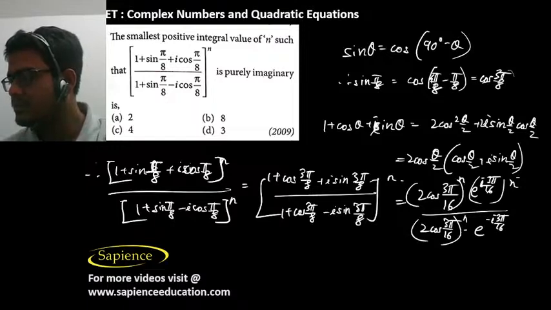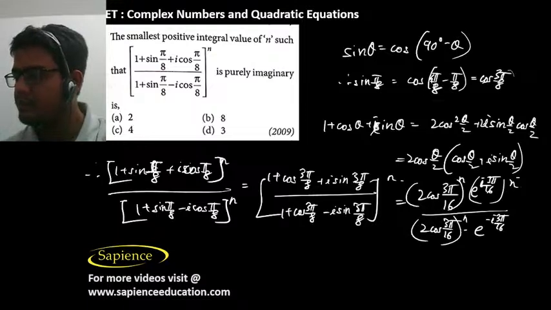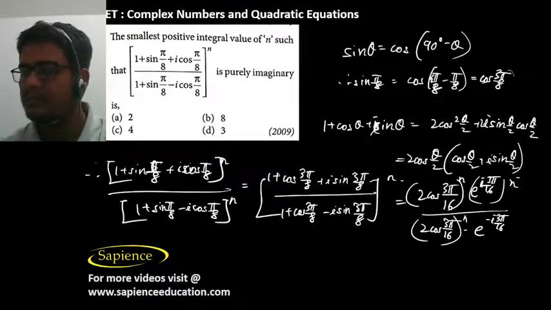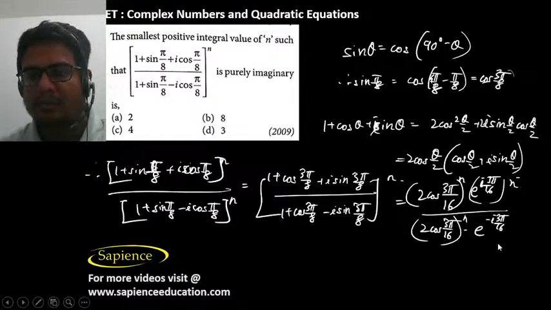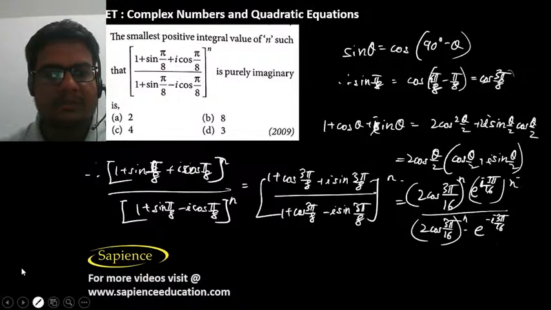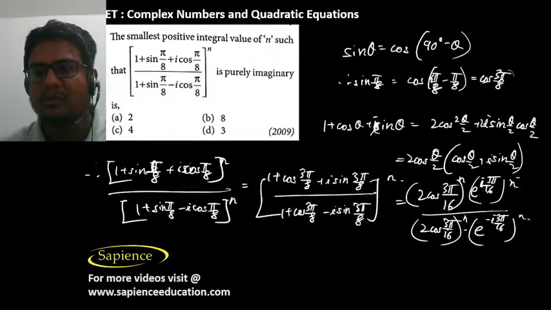Similar way, minus i sin 3 pi by 16 power n. So these two will get cancelled and this will be e power i 3 pi by 8 whole power n.